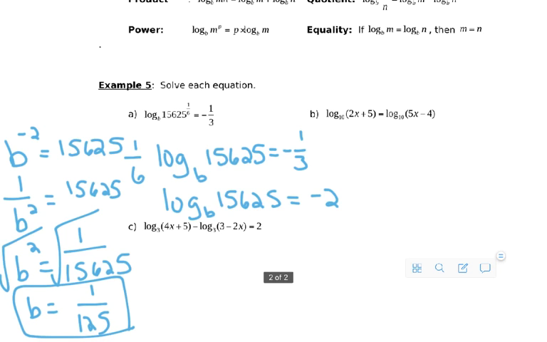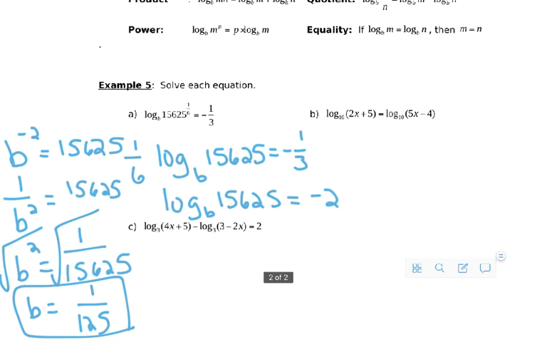So again, what I did was first I got rid of the exponent by writing it in front of the log. And then I divided by 1/6, which is the same as multiplying by the reciprocal, and -1/3 times 6 is -2. Then I rewrote it in exponential form, and I got b to the -2nd is equal to 15,625.